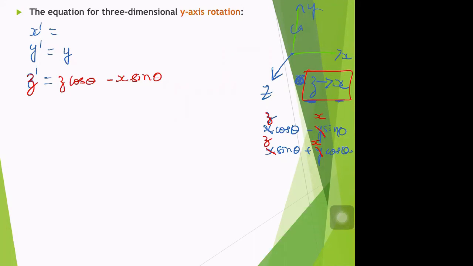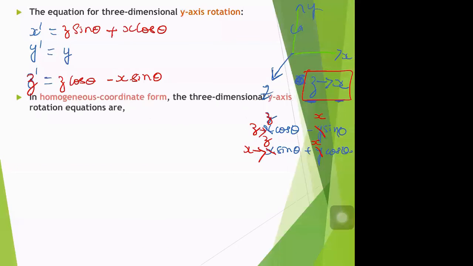Which is the next axis it is coming across? X-axis. So my X-axis equation will be Z sin theta plus X cos theta. Is that clear? Now let's see the equation.